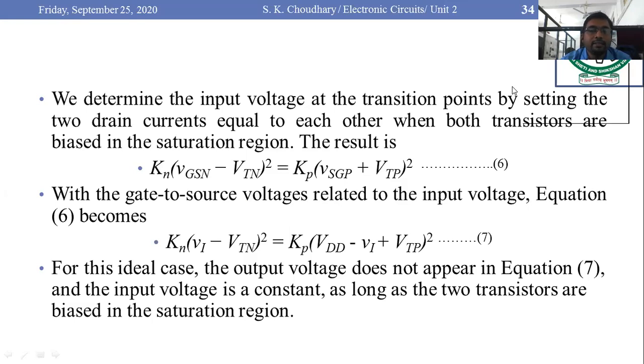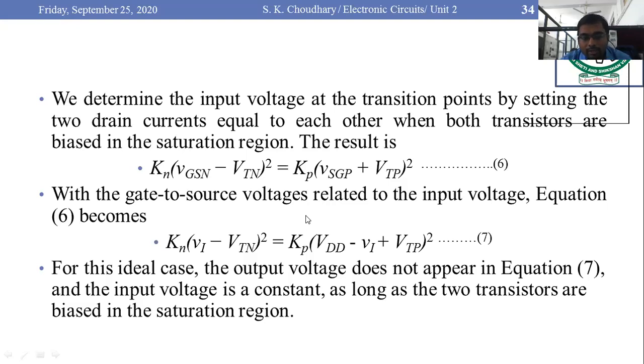In this case, the currents are related by equation number 6: K VGN minus VTN whole square is equal to Kp VSGP plus VTP whole square. We know that VGSN is Vi and VSGP is VDD minus Vi.